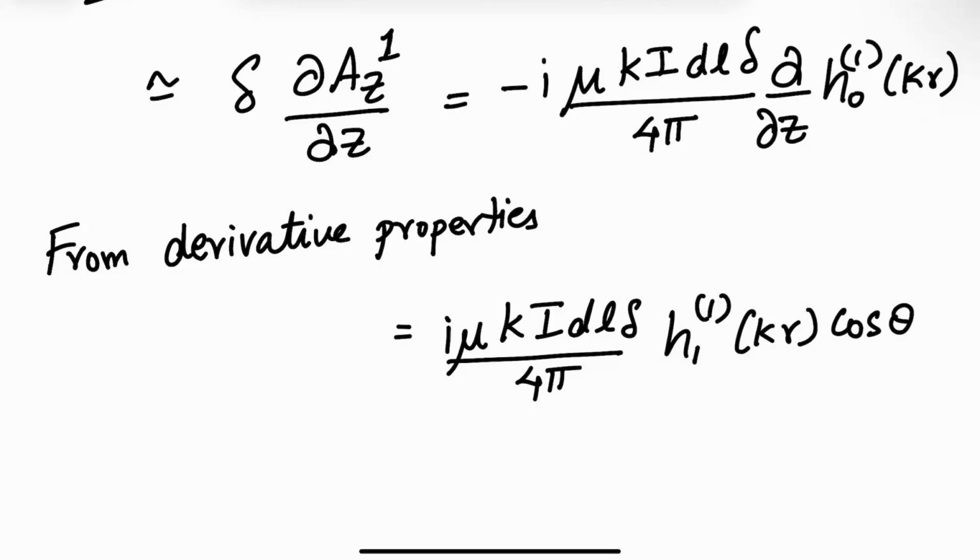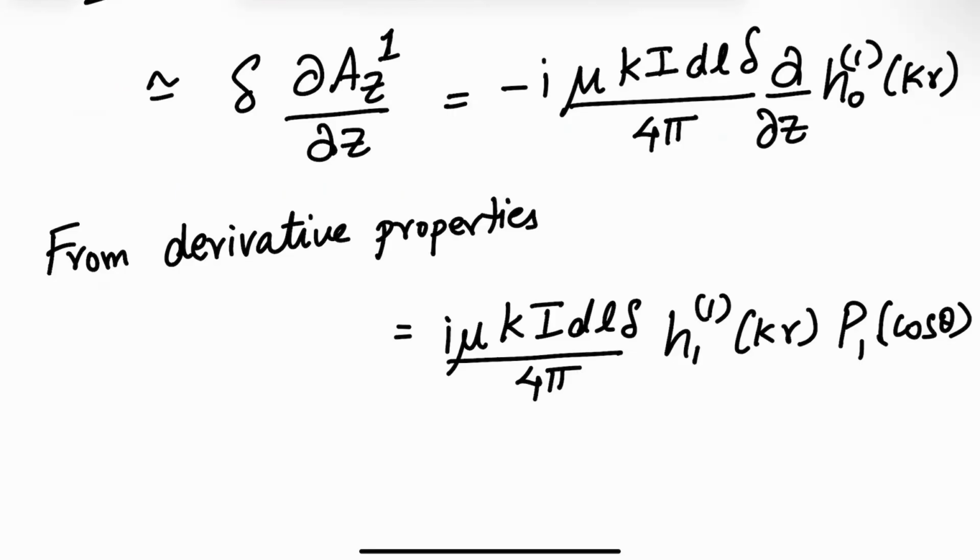Okay, and the cosine theta actually comes from dr over dz. Right? When you apply chain rule to this, you have to take d over dz, apply it to this r. That gives you the cosine theta. And derivative of the Hankel function order 0 becomes order 1. Okay, but this is nothing but P1 cosine theta, right? That's the Legendre polynomial of order 1.